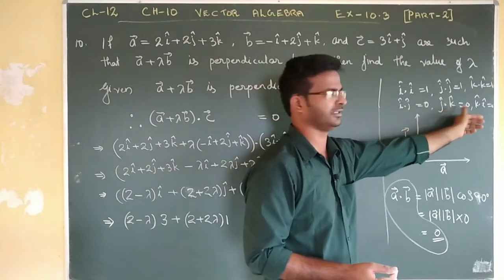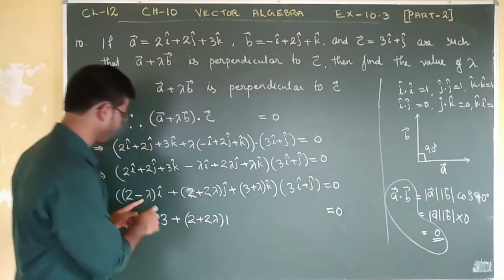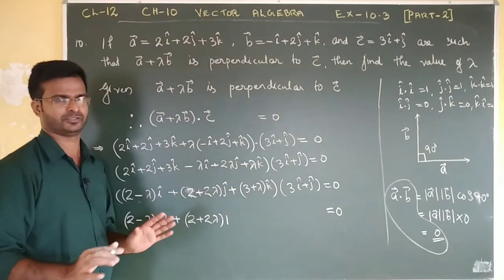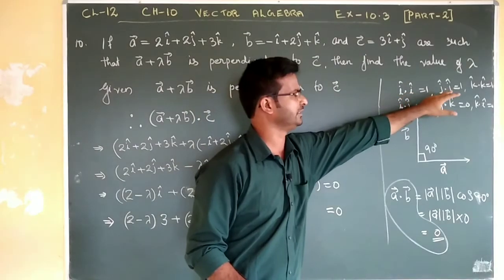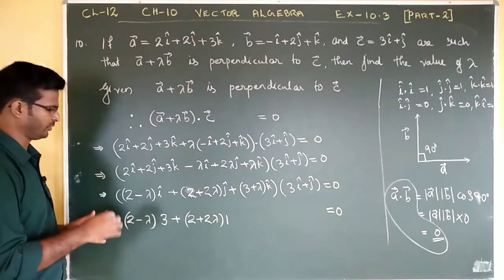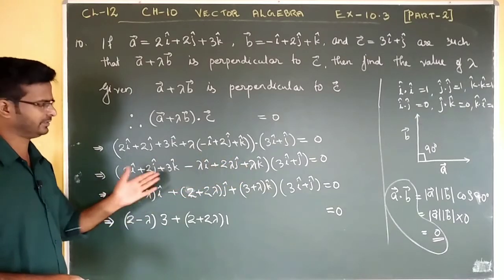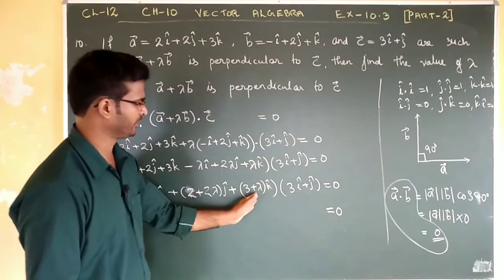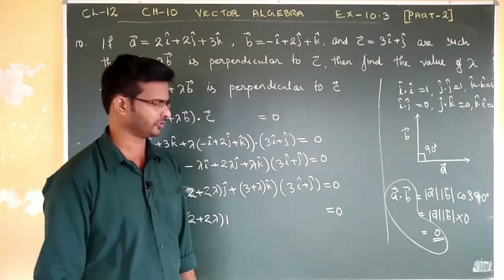Then here also j and k, you will get answer 0. k and i, you will get answer 0, isn't it? So if you multiply the i component and j component, you will get answer 0 only, so no need to multiply. Then i dot i is 1, j dot j is 1, similarly k dot k is 1. So you have to multiply only the i components of both vectors and the j components of both vectors, similarly the k components of both vectors. Here the k component is 3 plus lambda. Here, what is the k component? That is 0. No need to multiply.